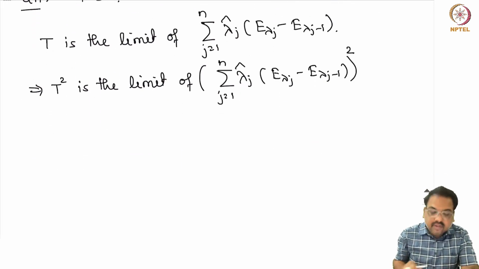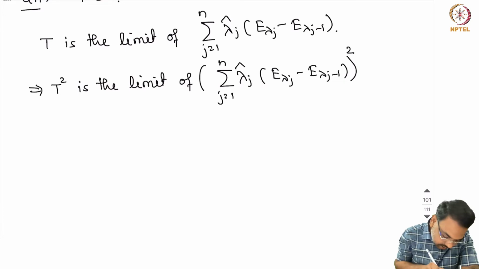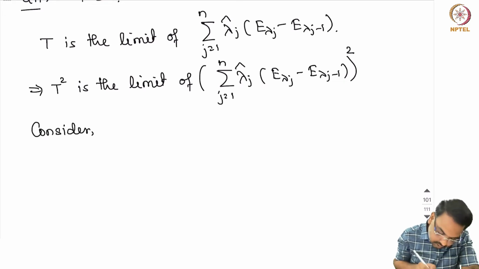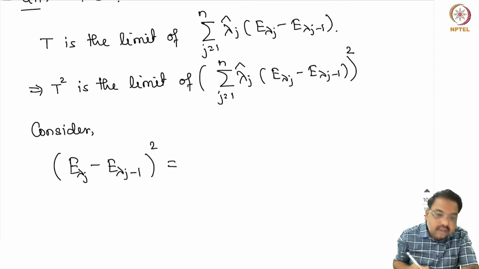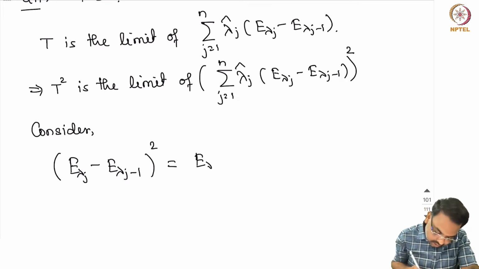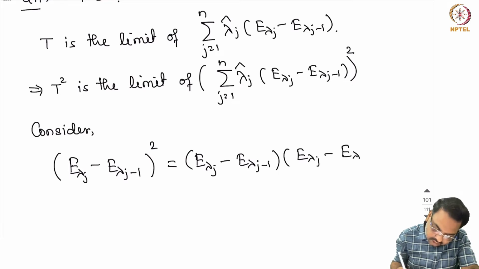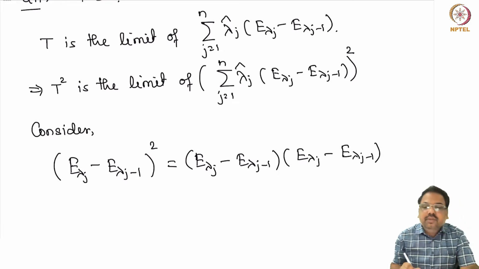So let us look at what will happen to this square. Consider (E lambda j minus E lambda j minus 1) square. This is (E lambda j minus E lambda j minus 1) multiplied by (E lambda j minus E lambda j minus 1).